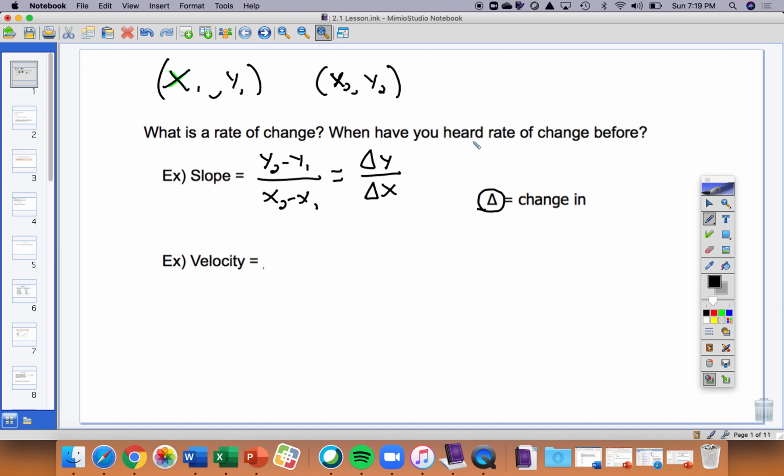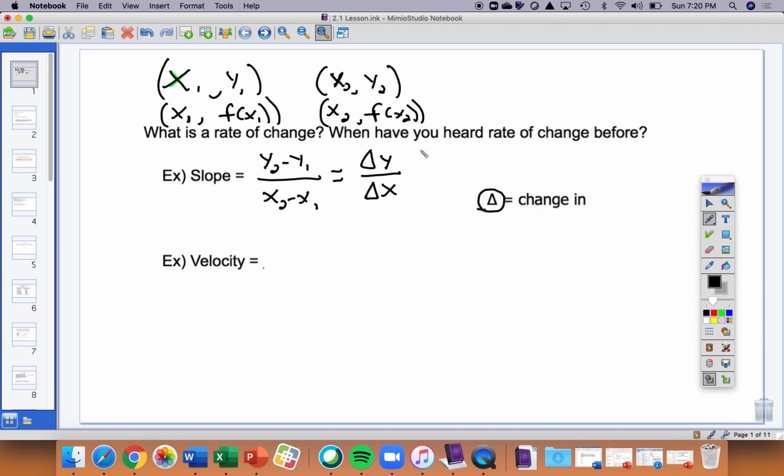Another way you might see it: instead of writing the point as x1, y1, you can write it as x1, f of x1, because f of x1 really represents y. And then we have x2 and f of x2, because the function value is the y value.